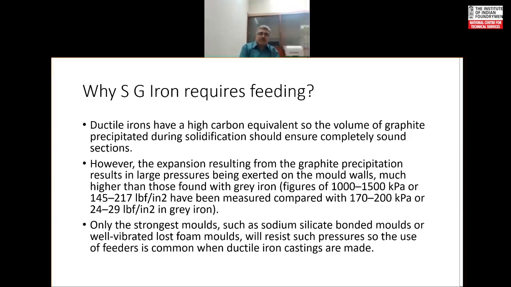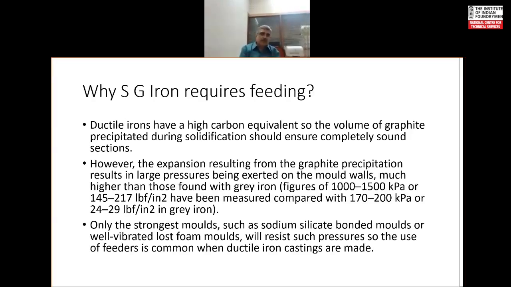So strong molds, very strong molds, such as chemically bonded molds like sodium silicate sands, or very well vibrated lost foam molds, will resist the pressures and you'll be able to use very few feeders, or in special cases, feederless SG iron casting, but they are really special cases.